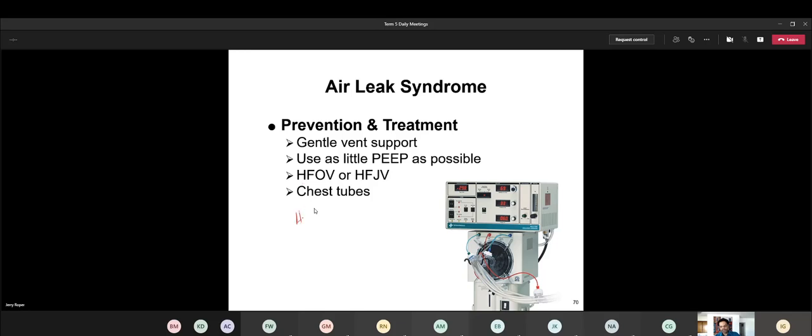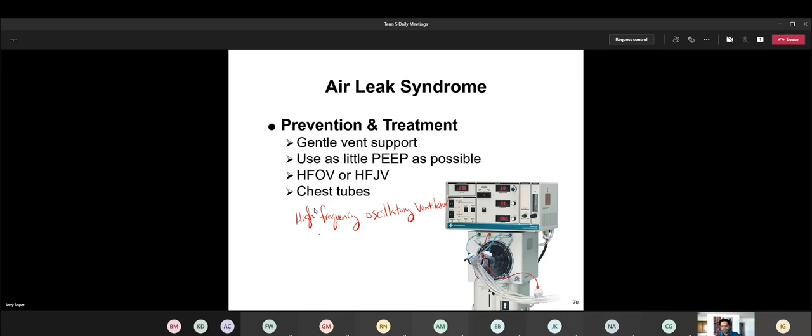So this is high frequency oscillatory ventilation. And people will just call this machine the oscillator for short, instead of saying all of this, because this is a mouthful. We'll just say the baby needs to be placed on an oscillator.